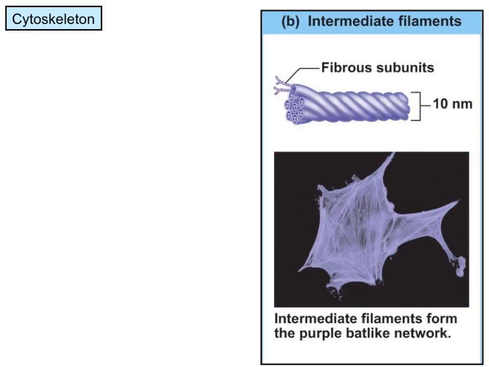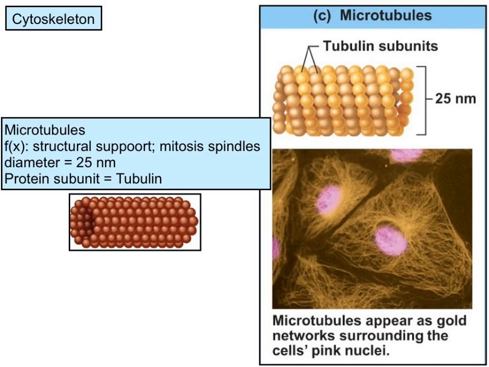Next, we have our intermediate filaments, and our intermediate filaments tend to be very fibrous in nature. They're on average about 10 nanometers, and they form these large, sort of web-like branches, like a net-like network within the cell. We also have microtubules, and these microtubules are very small tubes. So we can see and sort of appreciate the tube-like structure.